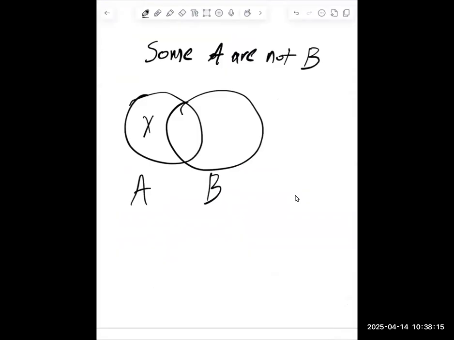Notice some A or not B would be consistent with all B are A, right? Some mammals are not cats, but all cats are mammals, right? We don't know that that's true. All this is telling us is that there is at least one thing in this A category that's not in B. There could be lots of things that are both A and B. That's possible. We could put stuff in here. There could also be lots of stuff that are B but not A, but we don't know that that's true.